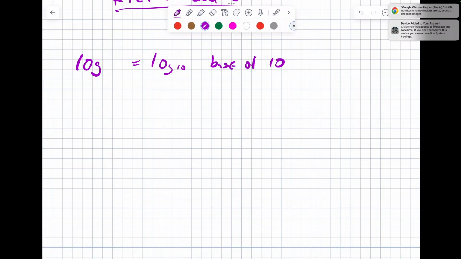If I write log without writing a base, that means it's log base 10. Now you could have a log with a base of 2. You're going to ask, what does base of 2 mean? We're going to explain that in a second.